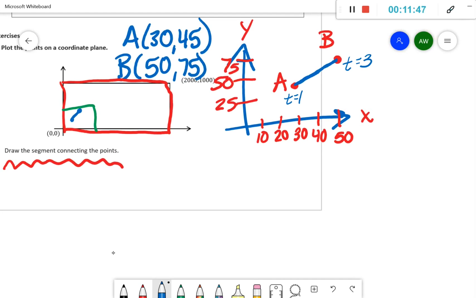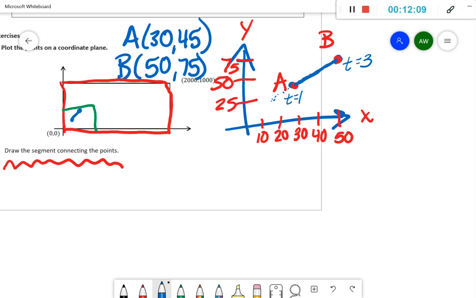So it's somewhere over here to start. And then it goes 1 second, it's on point A. 2 seconds, 3 seconds, it gets to point B. So it's traveling from point A to point B, and it's doing that between 1 second and 3 seconds.